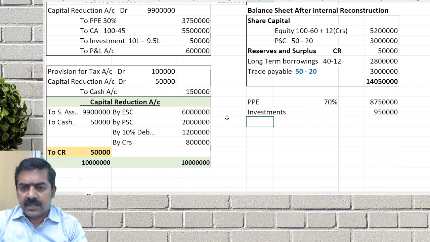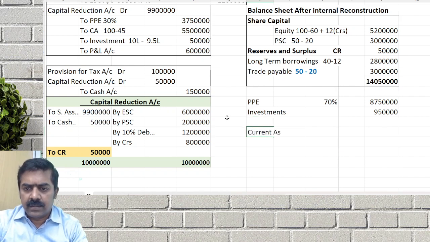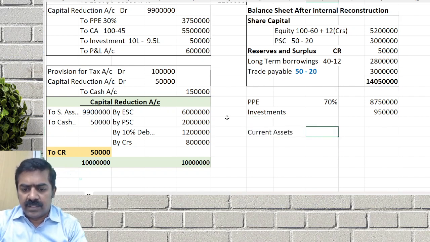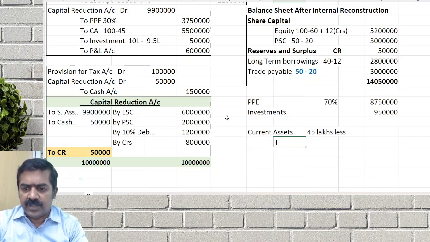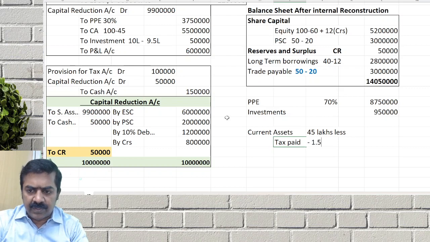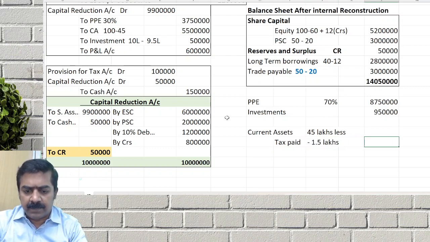Current assets. How much is there? 45 lakhs less the tax paid. We assume that sufficient cash balance is available. How much tax have we paid? We have paid 1.5 lakhs. Balance will come. Current assets include cash balance, isn't it?